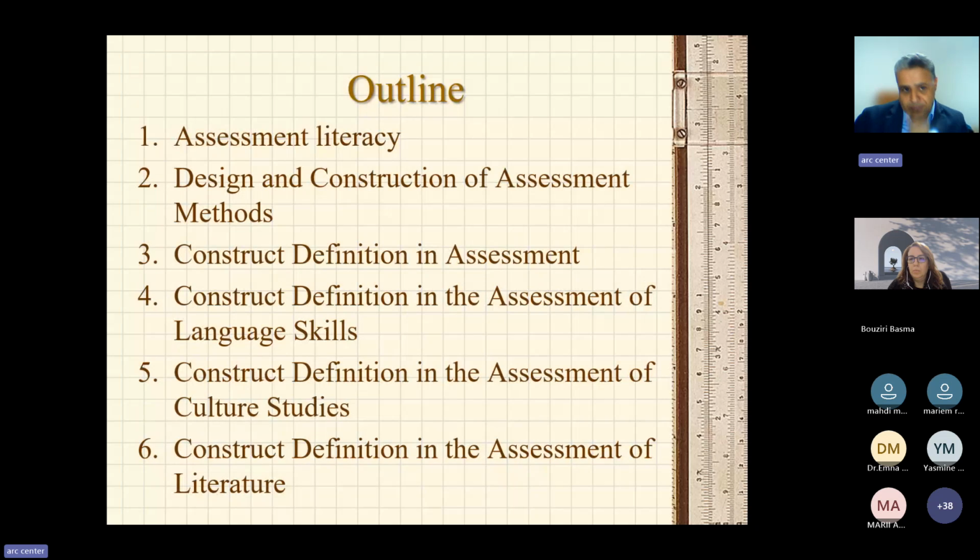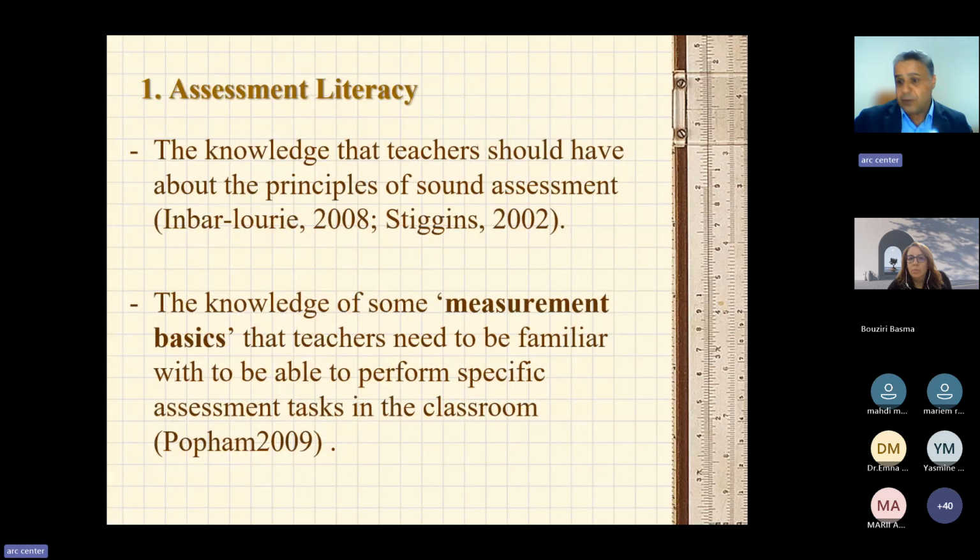First, as I said, all through the presentation, you will see that I am using the term assessment method instead of test. And we are using the term assessment instead of testing, because now we look at testing from a broader perspective.